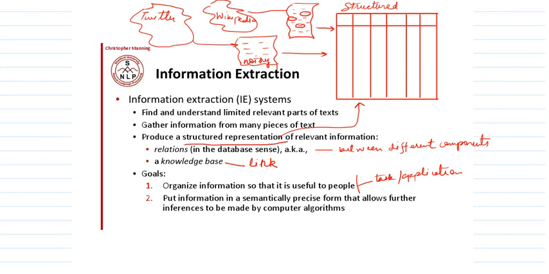So we can use this structured information either to give it to some people or some other application, as well as do some kind of analysis, forecasting and prediction with the help of this data, right? So we have these two goals.